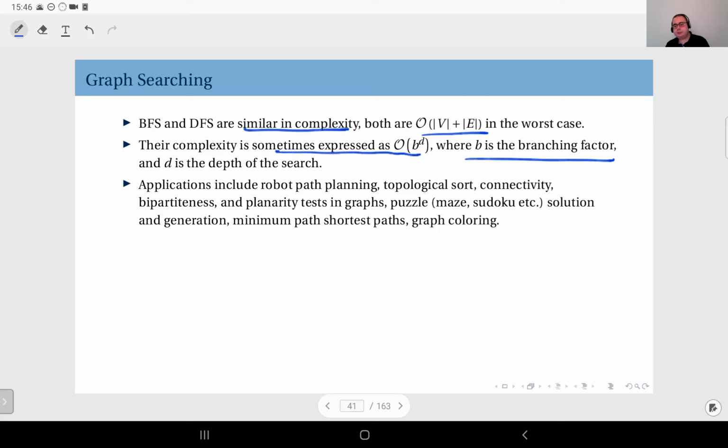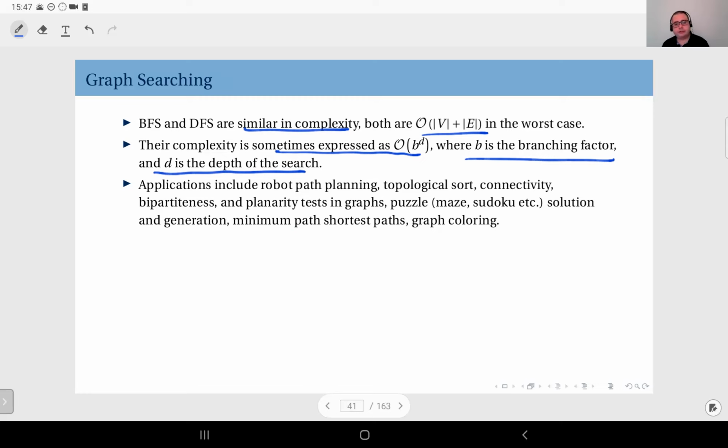In the case of breadth first search and depth first search, it's a little bit different. And d is the depth of the search, so this is the average distance between any two vertices that may not be neighbors. So these are not straightforward to compute, but it's a general approach where you can express the complexity of these in terms of these parameters.